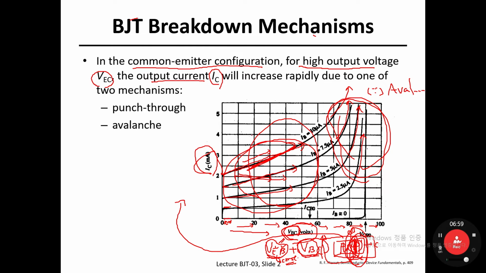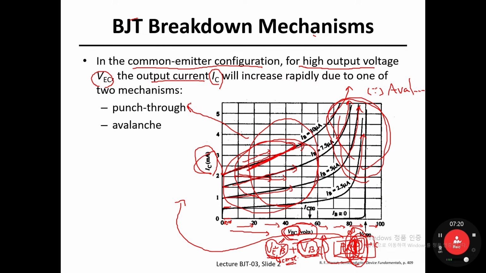The physical origin for that comes from the punch-through event. Now if you have any chance to measure your own BJT device, maybe when you have a job in industry, your job responsibility is to monitor the output characteristic of the BJT device.